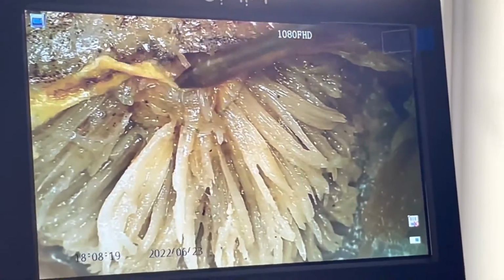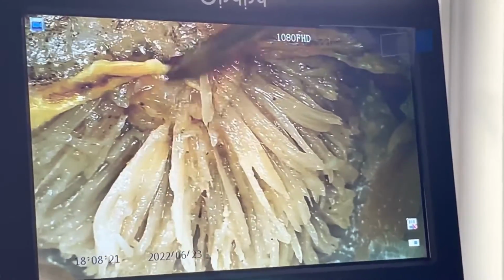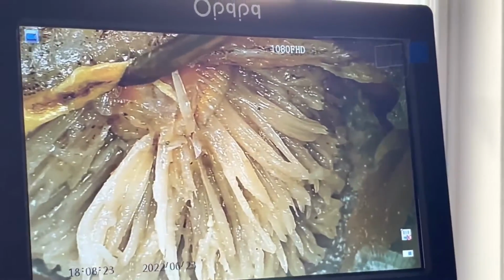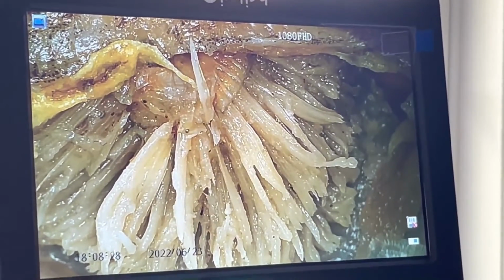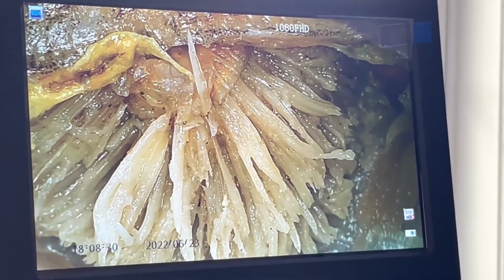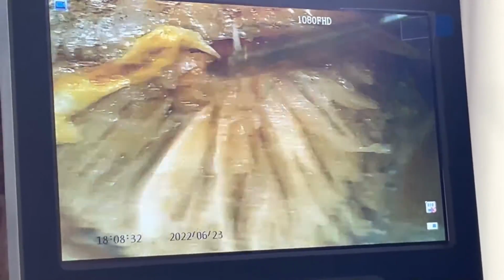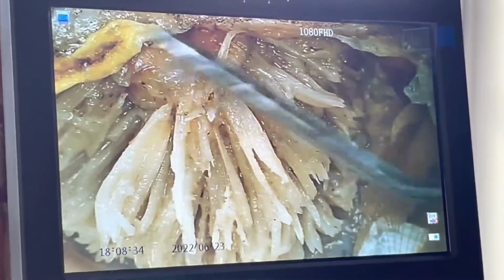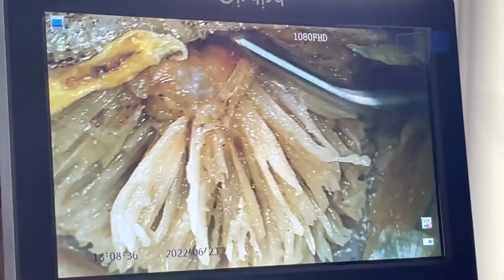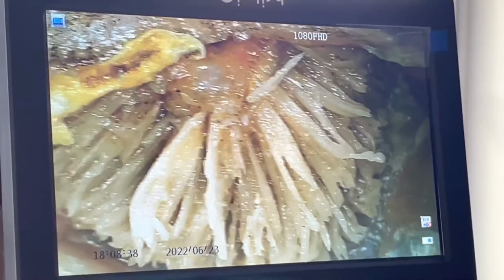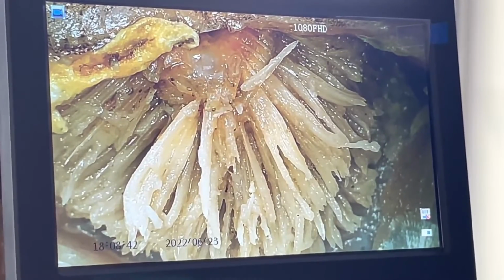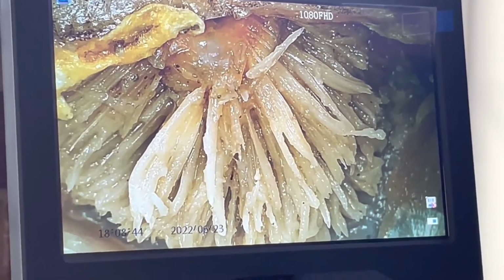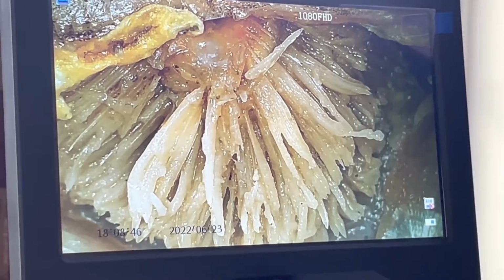And over here is a little arch, and this is called the gill arch, and it supports the gill filaments. Attached to the gill arch as it goes more into the fish would be the gill rakers, but unfortunately they are not visible here. The gill raker's job is to catch larger particles so the gills aren't damaged.